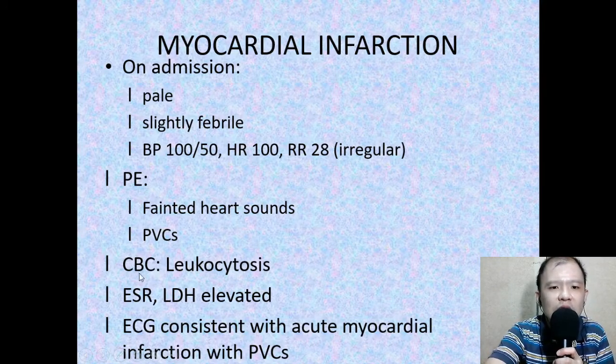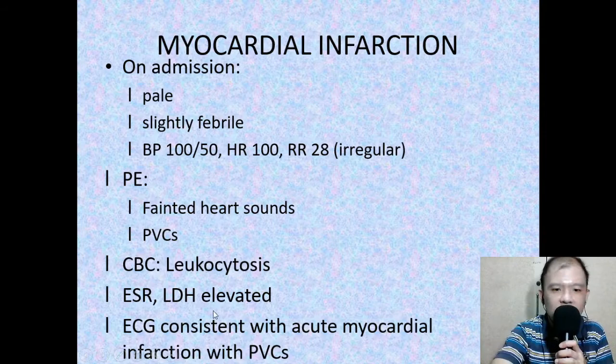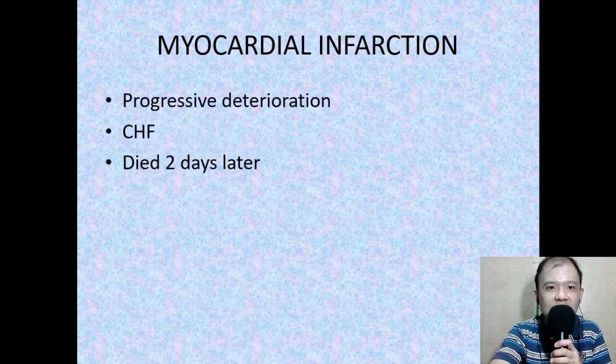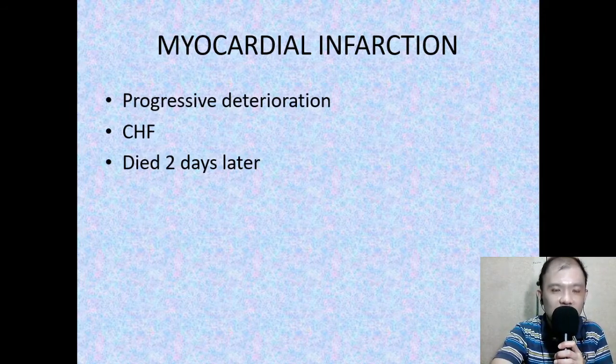Patient had leukocytosis, elevated ESR and LDH, and an ECG consistent with acute myocardial infarction with premature ventricular contractions. The patient deteriorated progressively, succumbed to congestive heart failure, and died 2 days later.